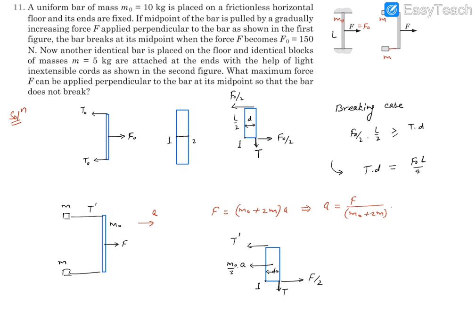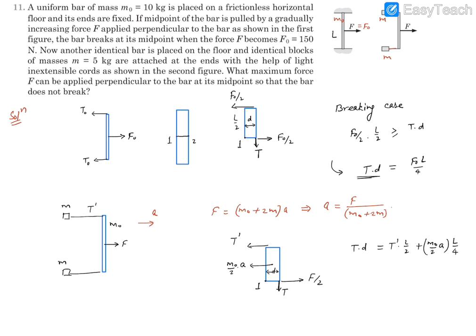So we can say T D, this holding torque, is going to be equal to T dash into L by 2, acting at a distance L by 2, of course, plus m naught by 2 into a. This is a pseudo force which is going to act at half of its length, which is L by 2, and again dividing by 2, that is L by 4.